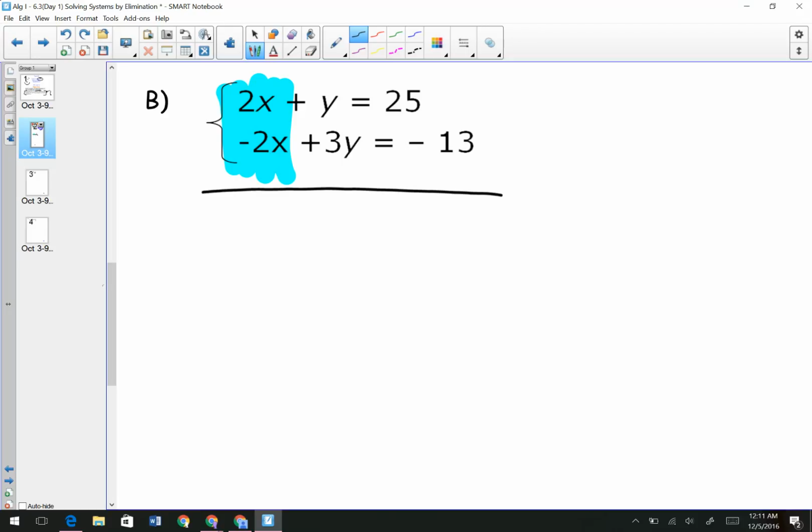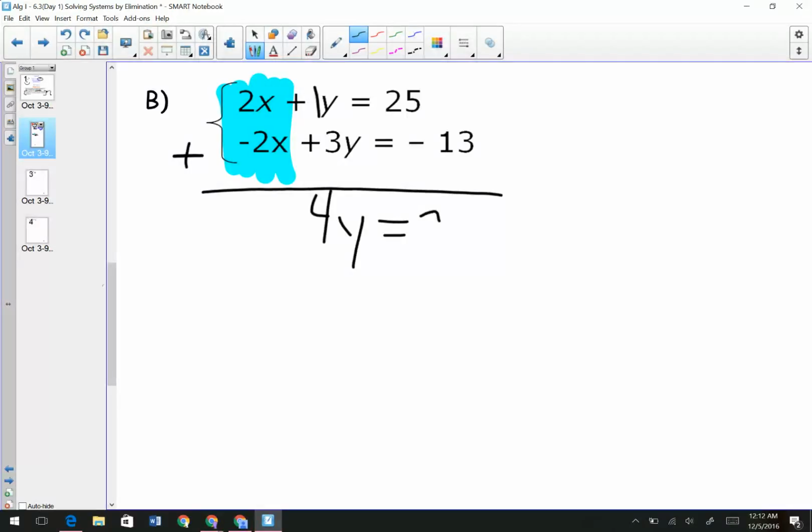So what happens is this cancels out. Plus 2x minus 2x. If I add these entire two equations together, they cancel each other out. So I'm going to take 1y, because remember there's always a 1 sitting out there if we need it. 1y plus 3y, 4y, is equal to 20. Oops, no.